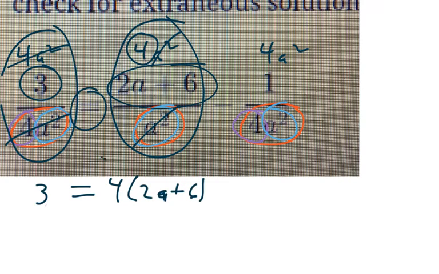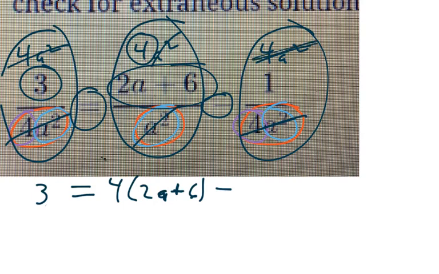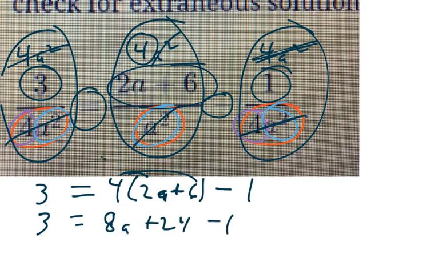So we're going to do a little distributive property here soon. There's a minus. And in the third or last expression, the 4a squareds cancel out, and I'm just left with 1.